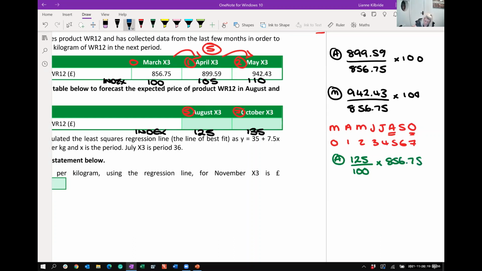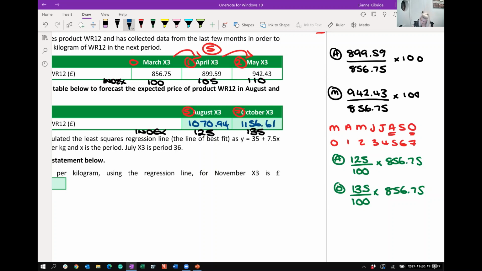That will give you an answer of 1070.94. Do the same for October: 135 divided by 100 multiplied by 856.75 gives you a cost of 1156.61. Well done.